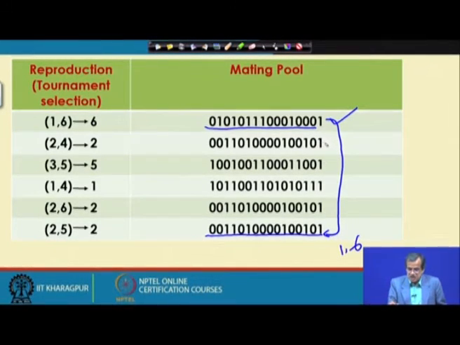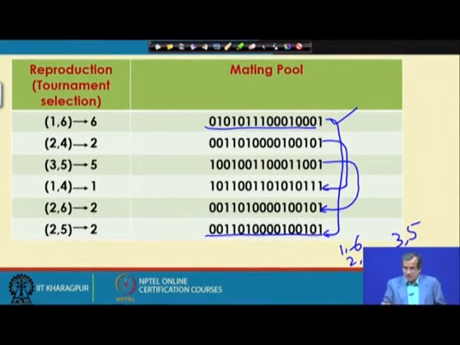Now, the second GA string can meet with third, fourth, fifth, and let me assume that the second one is going to meet with the fourth one. This selection is also at random. So, second is going to meet with fourth, and now I will have to concentrate on the third one. So, the third one is going to meet with the remaining, that is the fifth one. So, third is going to meet with the fifth.